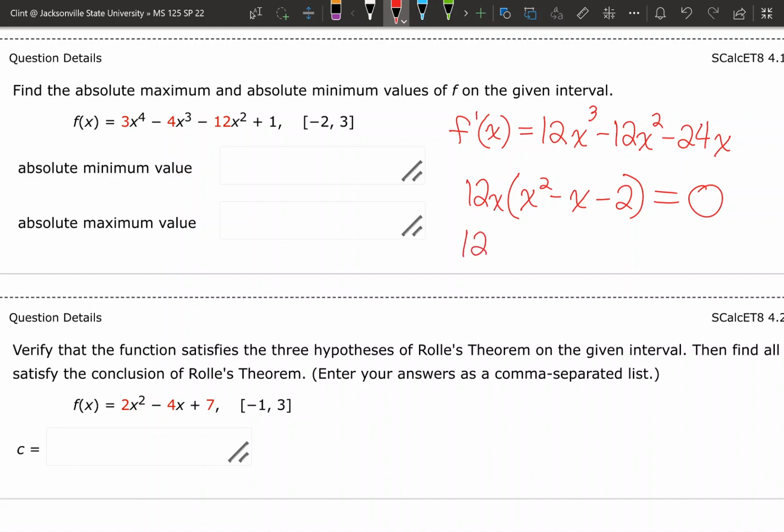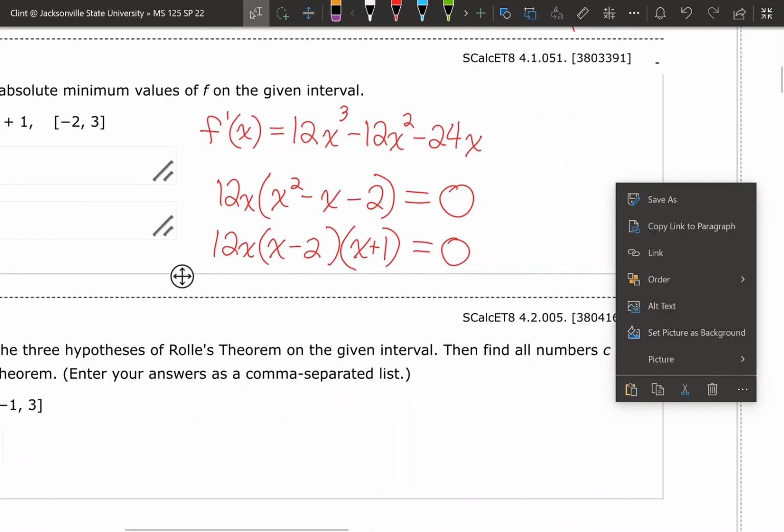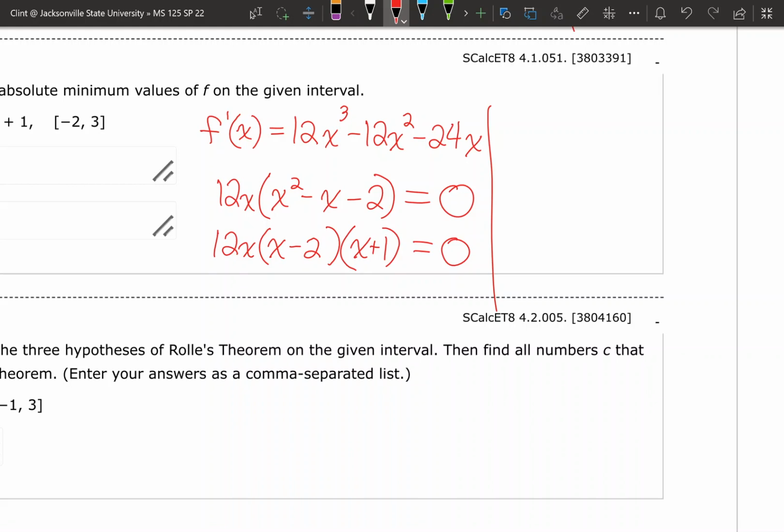And factor the trinomial part, so we need factors of -2 that will add together and give us -1. So x minus 2, x plus 1. If we set each one of those equal to 0 individually and solve, we get our 3 critical numbers.